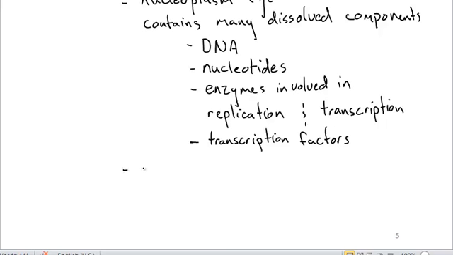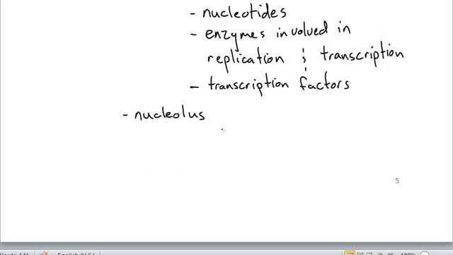And in the nucleolus, now the nucleolus isn't like a membrane-bound region, it's just sort of a central region in the nucleus, where something's occurring. And the nucleolus function is to produce rRNA.